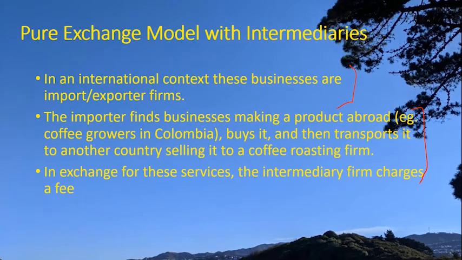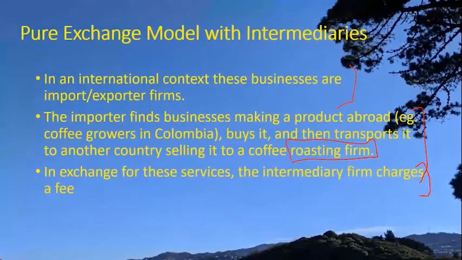We're going to buy it up, and we're going to then transport it to the ports, and we're going to transport it abroad to the US and Europe, and we're going to find coffee roasting firms somewhere else, and we're going to sell those beans to them. Okay, so you need somebody that's going to actually facilitate that transportation of the product from the source country to the place where it's demanded.